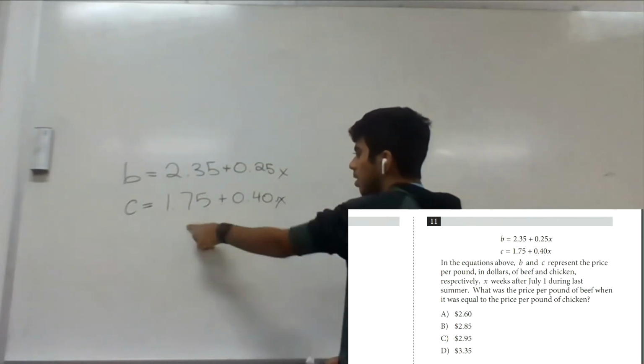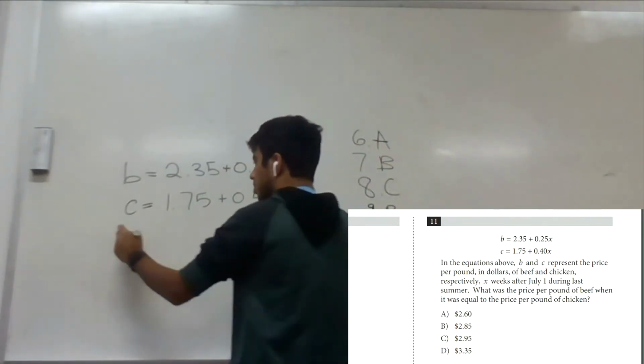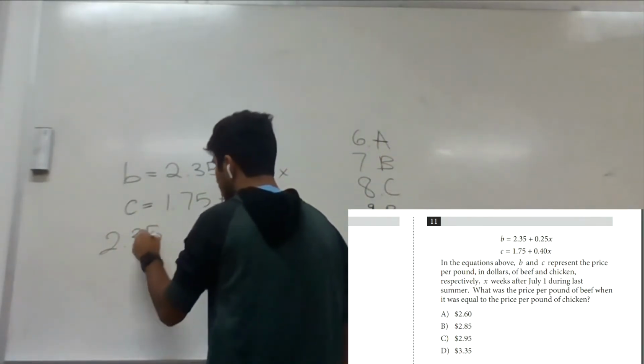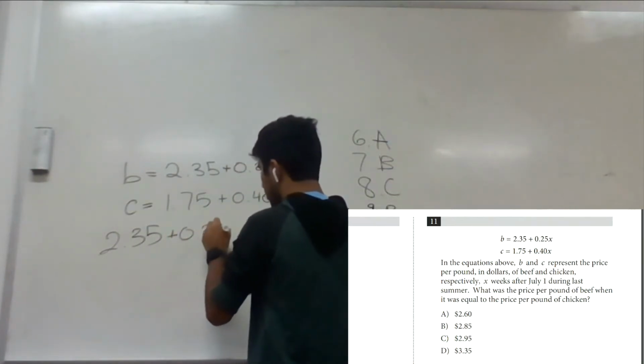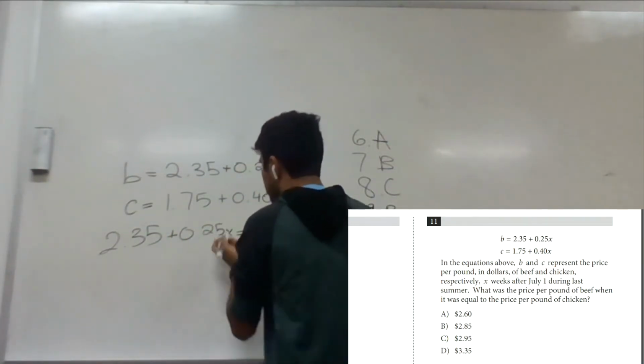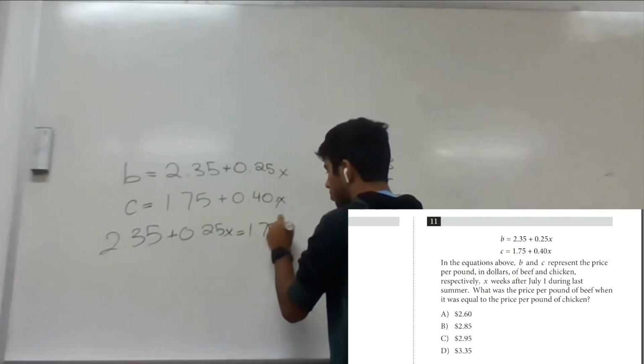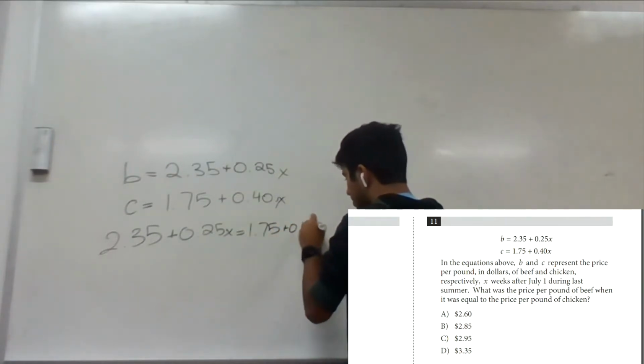So you get 2.35 plus 0.25x equal to 1.75 plus 0.40x.